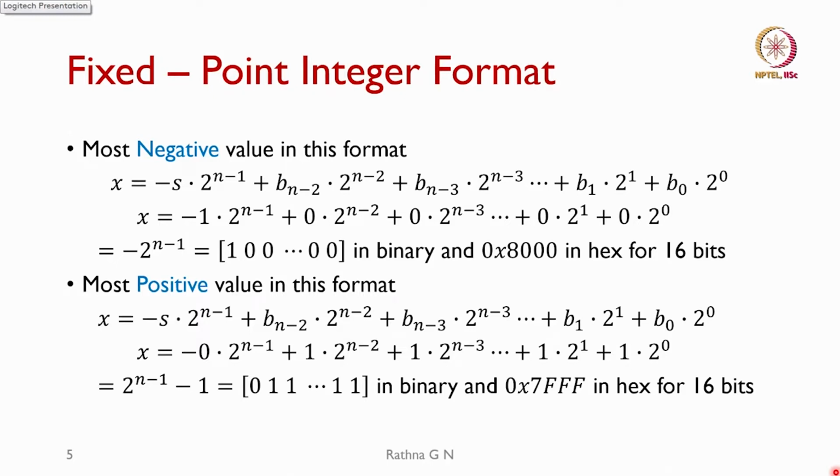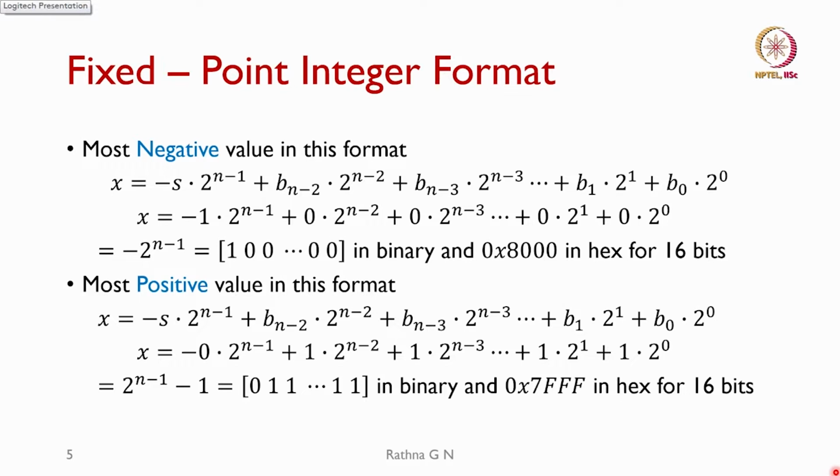And then the most positive value in this format is obtained from the same expression, minus s into 2 power n minus 1 plus the remaining bits. We know the sign bit is going to be 0 for positive numbers. So, x is represented as minus 0 into 2 power n minus 1, and we consider all the rest of the bits as 1. Then the number representation becomes equivalent to 2 power n minus 1 minus 1.